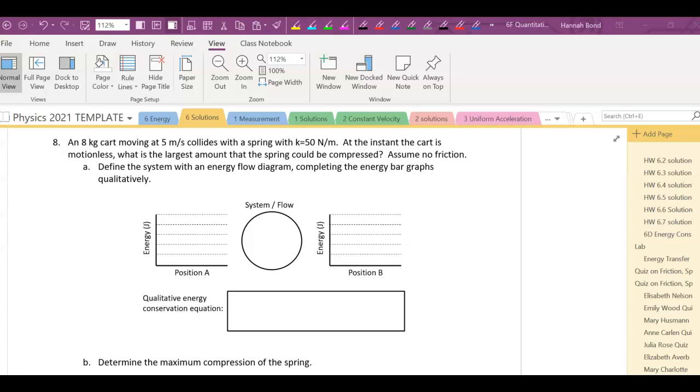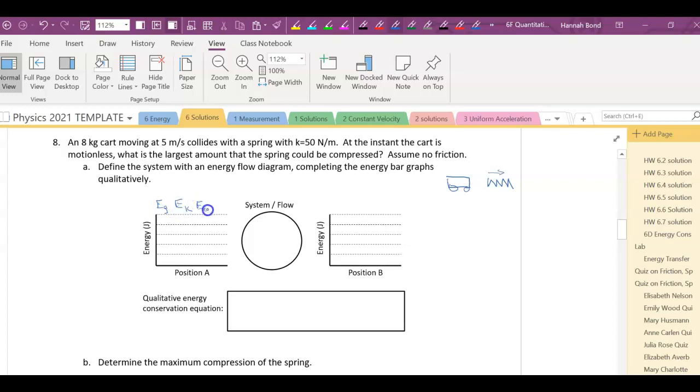So I'm just going to do a little sketch for myself. I've got a cart that's moving, and it runs into a spring and is going to cause the spring to compress. Okay, and apparently at position A, the cart is moving, and the spring, I'm assuming at that point, is just fine.